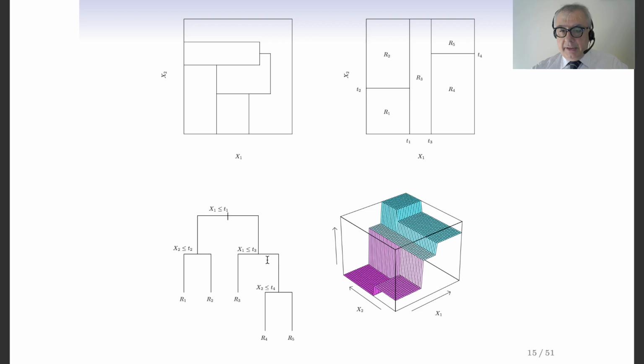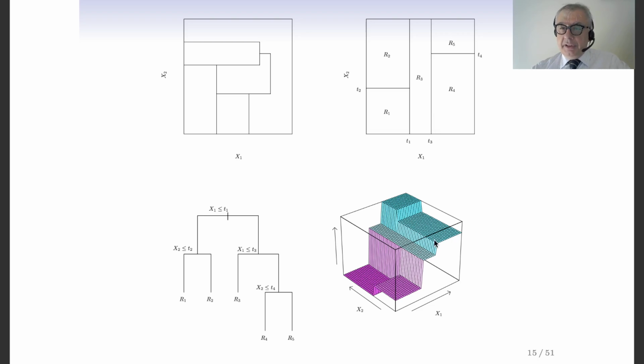And the next and final splitting is on the right branch, so it means that this rectangle was split according to the second variable x2 with cut point t4. So here is t4, and therefore now you have this rectangle that is split into two subregions, R4 and R5.